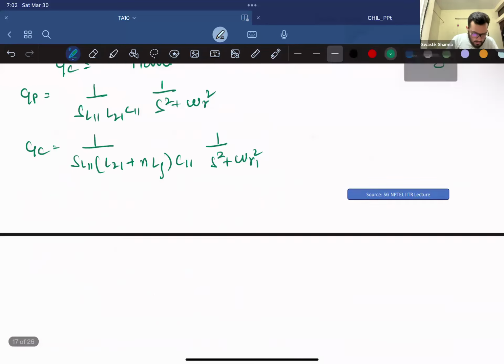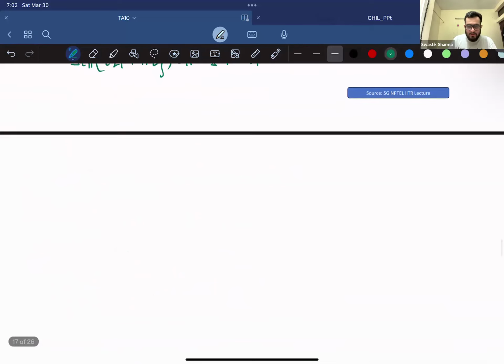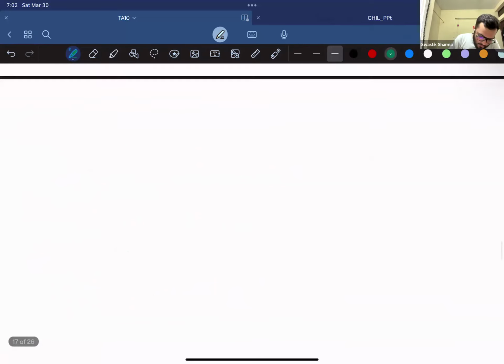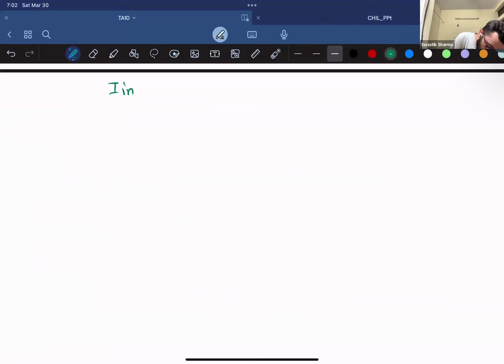Now, if these are your plant transfer functions, what you require is how your current would look. Your interactive current component was nothing but 1/n Gp d upon 1 plus Gp d, where d is your error signal to inverter output voltage transfer function, which you can straight away take as d. You don't have to derive it. And it was IREF1 minus IREF2.